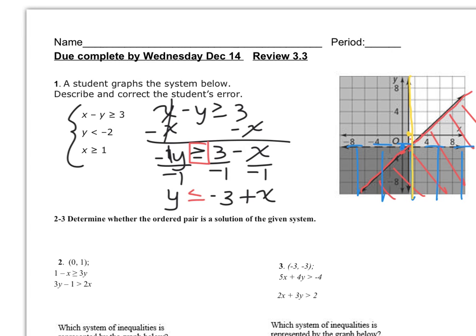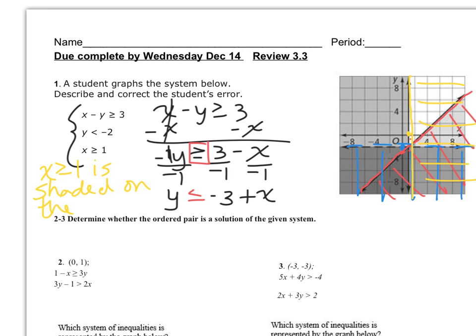Greater than means we're going to shade which way? Left or right? Greater than, which way is greater? To the right. Which way did they shade? Left. They shaded left.